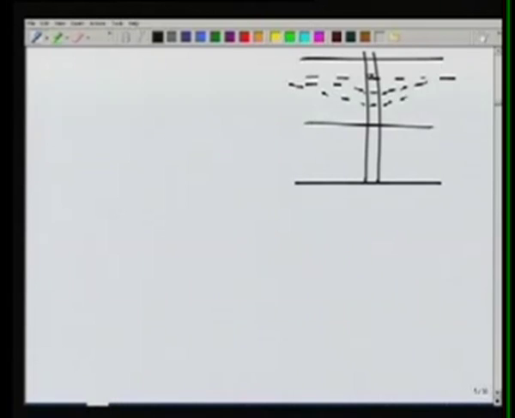The radius of influence would be a distance beyond which there is no influence, and at different times the radius of influence will also be increasing. So as we go on pumping, the cone of depression will expand and the radius of influence will be increasing.